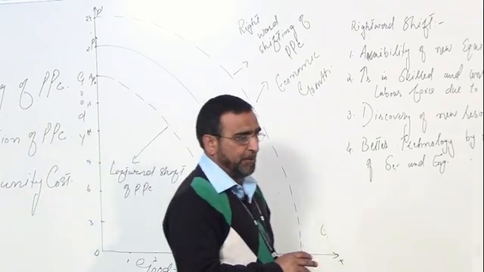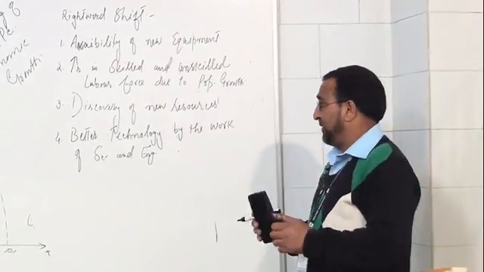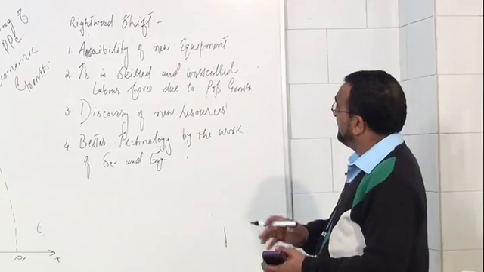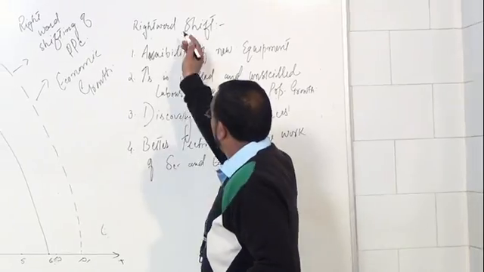Why are we able to produce in an economy less of good X and less of good Y? I will write them on the board and later on I will explain them, that this was the rightward shift.